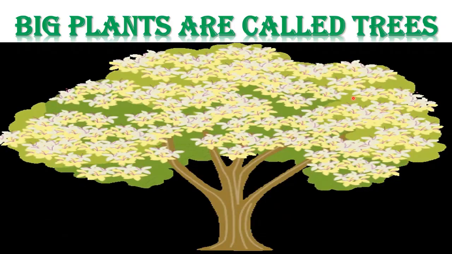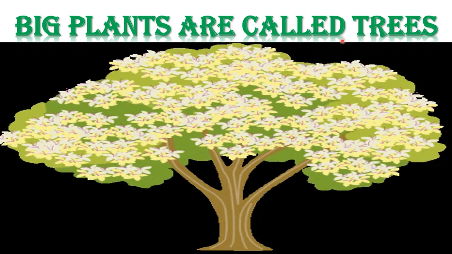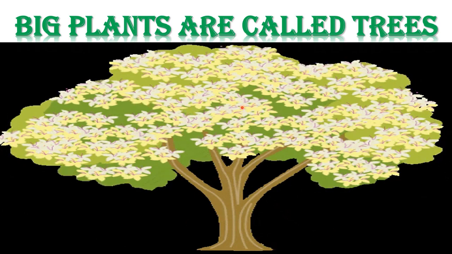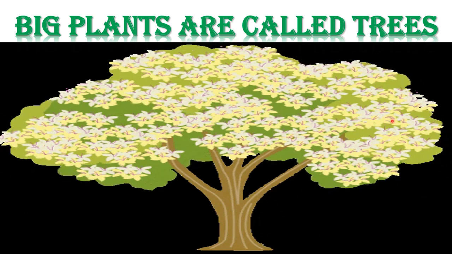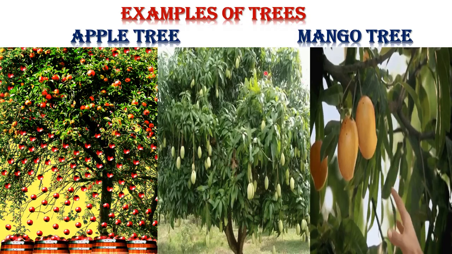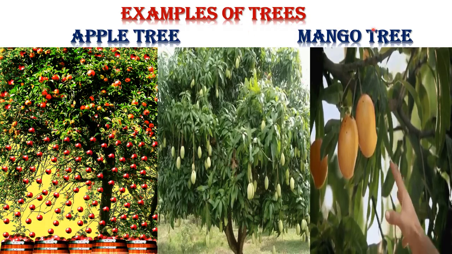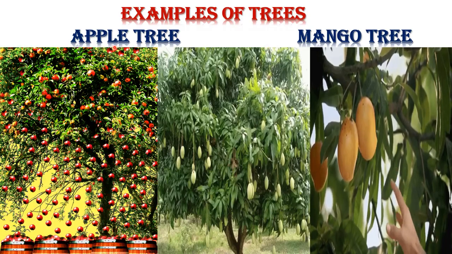Now coming to the first one, big plants are called trees. Can you see this big plant which is called tree? Let us see more examples. Example of trees: apple tree, mango tree. Apple, yummy yummy apple.